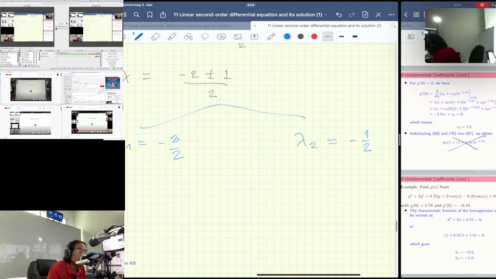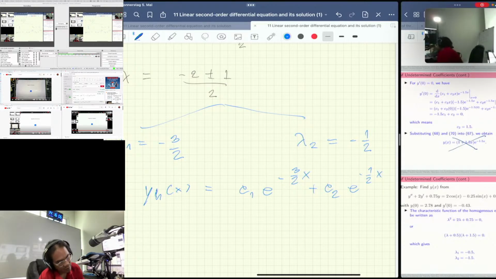So when the solutions are real and different from each other, we're going to have the solution y_H(x) as C1 exponential negative 3 by 2 x plus C2 exponential negative 1 by 2 x, right? Keep in mind that this is the homogeneous solution, and now it's time to find the particular solution.